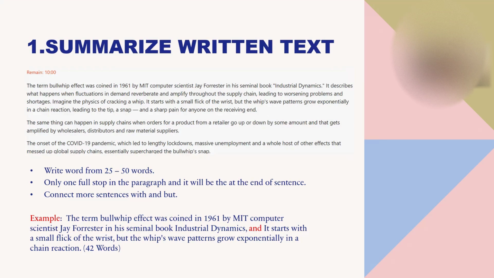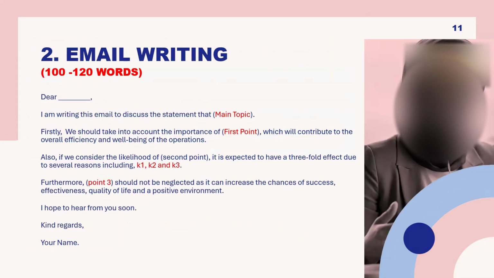Okay. So the second most important thing is email writing. Before that, if you gave the PTE Academic exam, then you already know that there was essay writing, and it was very easy, because you can use a format for the essay and you can get lots of good marks.